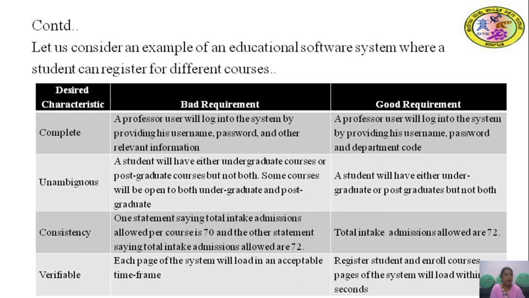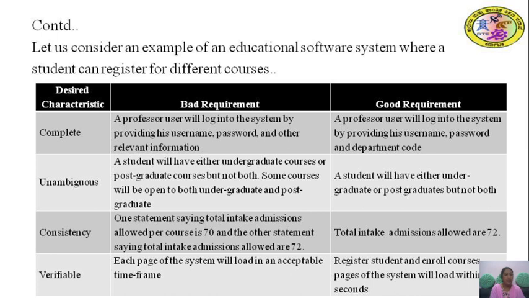Therefore, they conflict with each other and the total admission intake requirement is inconsistent. Obviously, it has to be rectified to make it a good requirement by changing the total intake to either 70 or 72, whichever is relevant. Now, this requirement is made as: total intake admissions allowed are 72. So, now this becomes consistent.